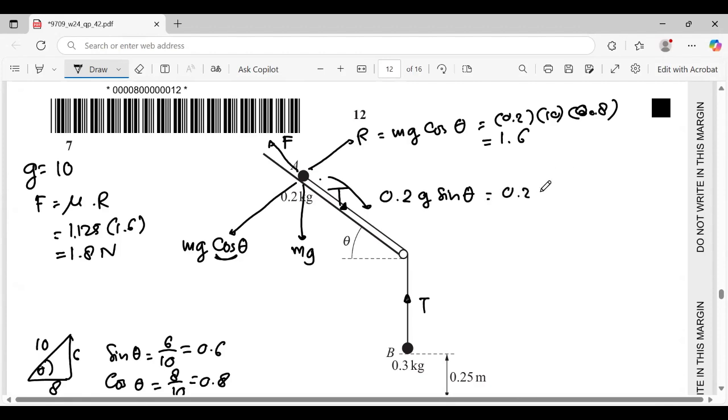So this is 0.2 times 10 times sine theta, 0.6. I multiply 0.2 times 10 times 0.6, which is 1.2. So this is 1.2 newtons.